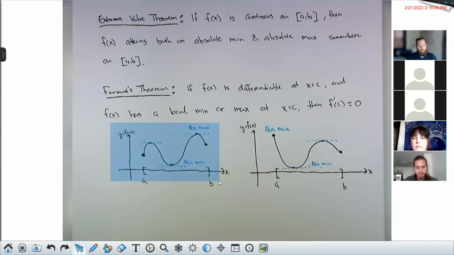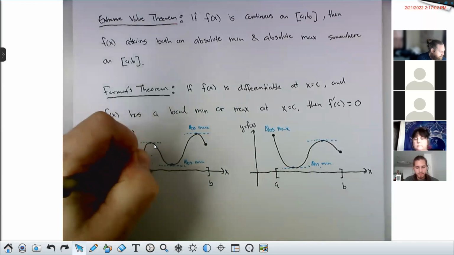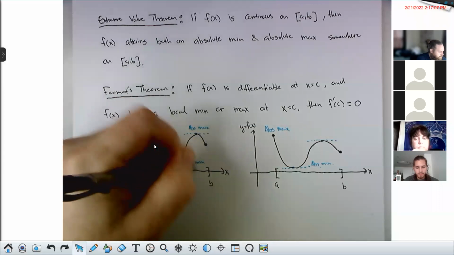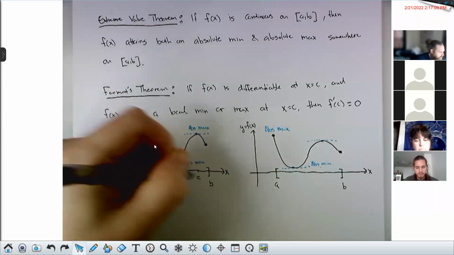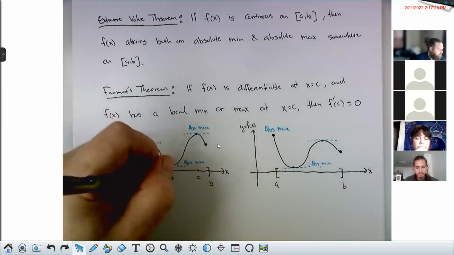In the picture on the left, suppose this point is C, this one is D, and this one is E. If I give you the numbers A, C, D, E, and B, how could you tell which one is the location of the absolute min? Which is the location of the absolute max?